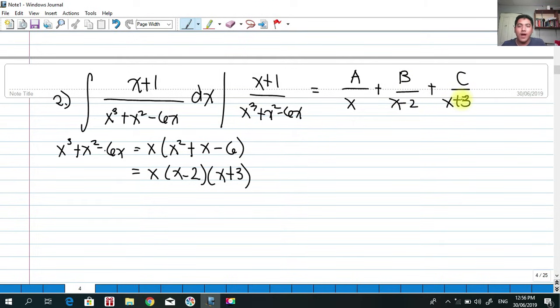So again, we have now decomposed this fraction without the dx and integral sign, in order for us to find the values of a, b, and c. So what are we going to do? For x plus 1, we cross multiply.